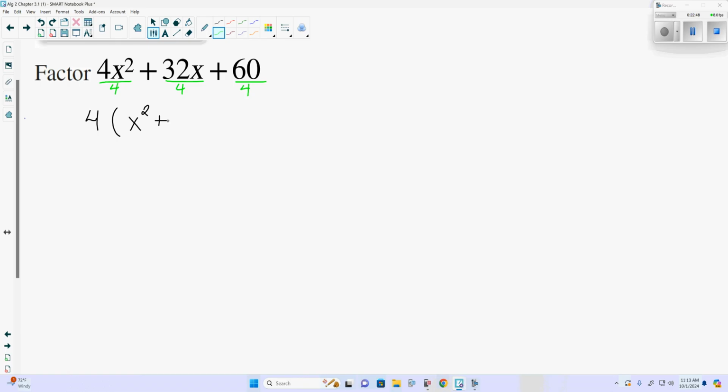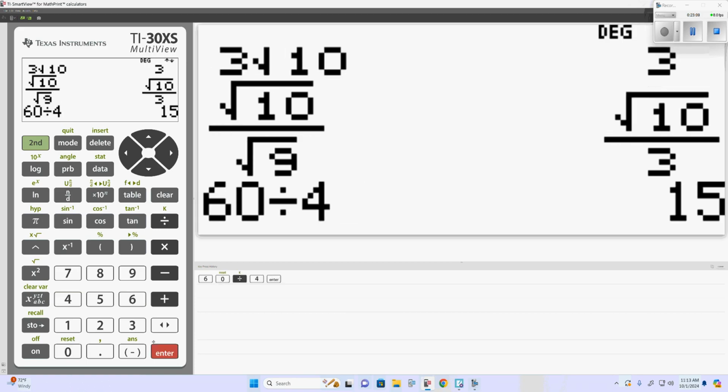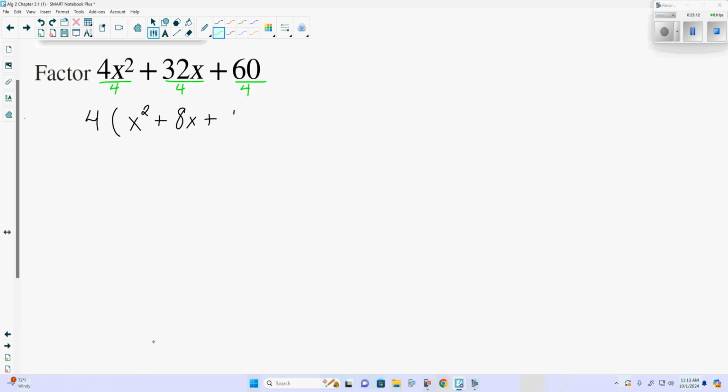Well, we'll be going through them multiple times. 32x divided by 4 is going to be 8x, plus 60 divided by 4 is 15, thank you.